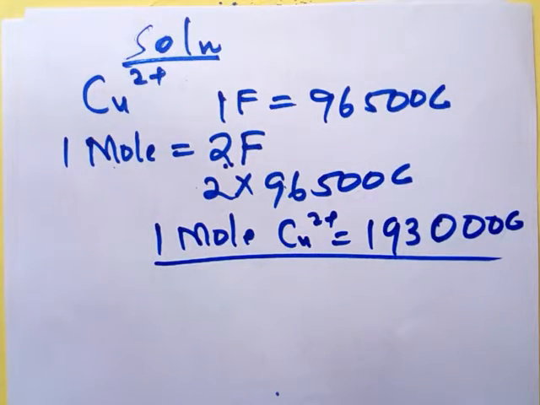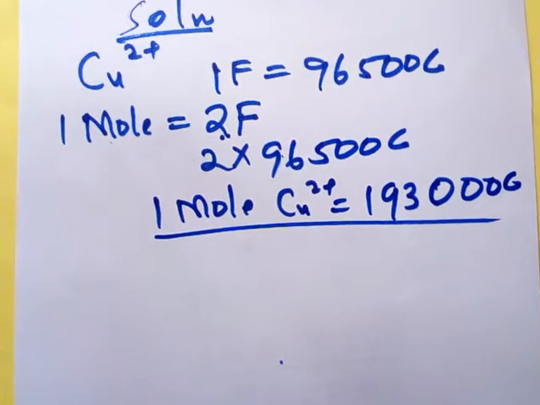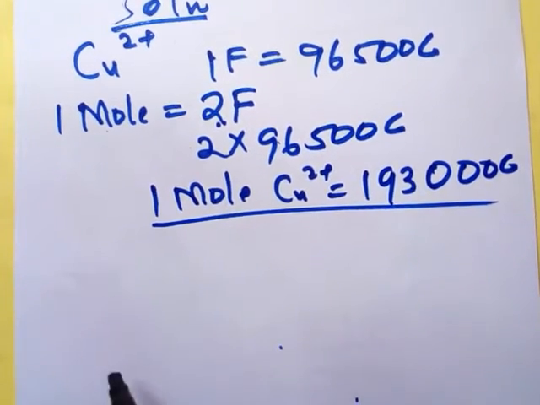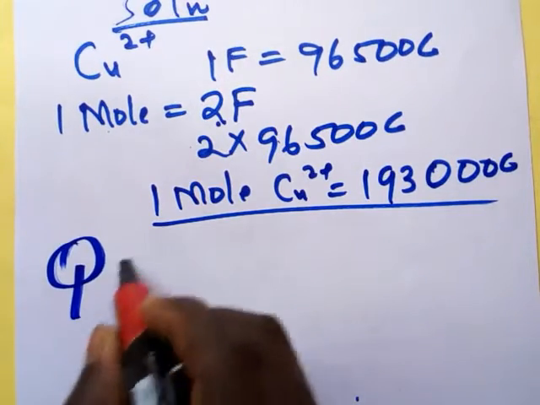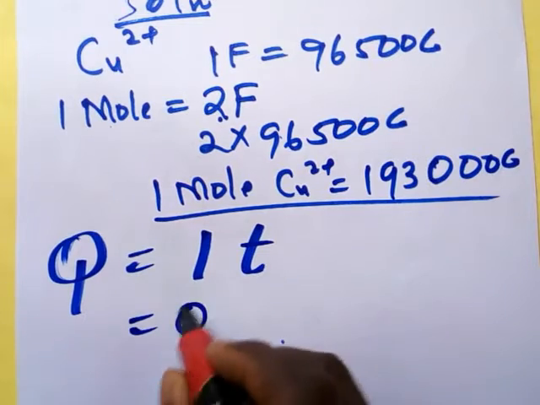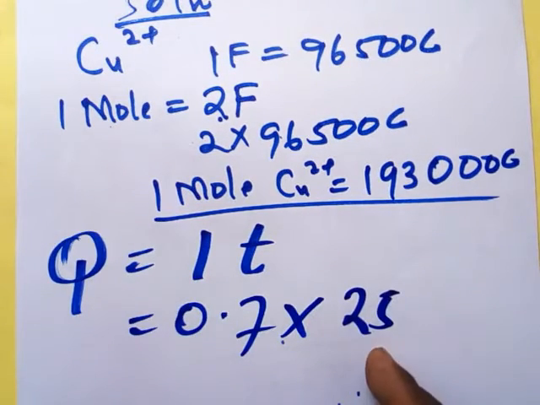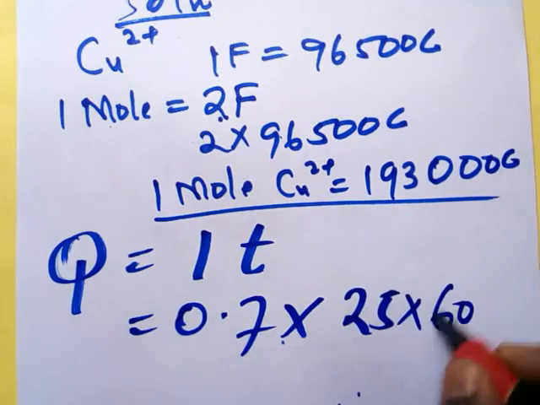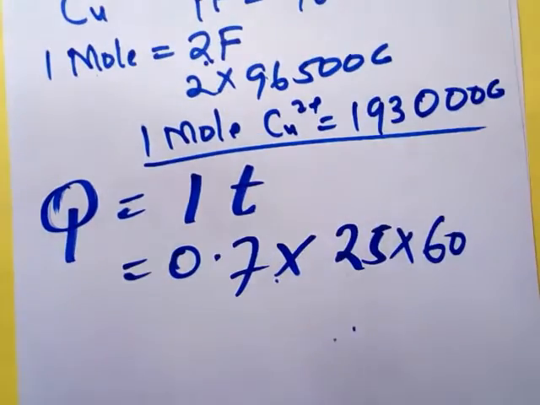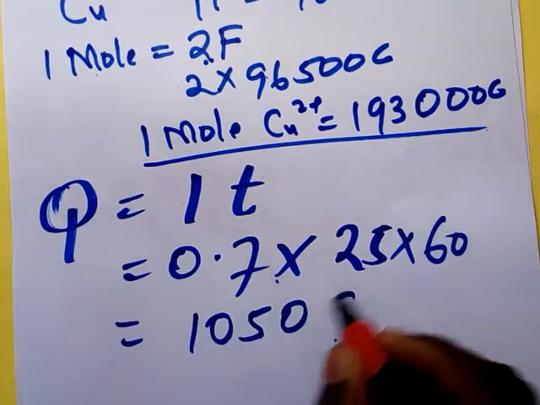So let us calculate the quantity of electricity first. Quantity is equal to I times T, and the current we were given is 0.7. Time was 25 minutes, so you multiply by 60 to convert it to seconds. This will give us 1050 coulombs.